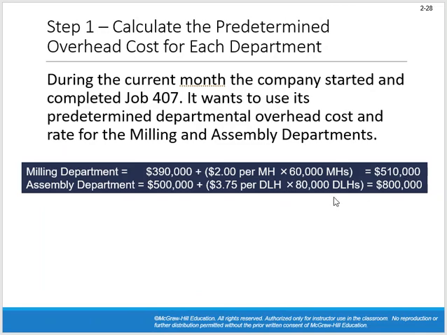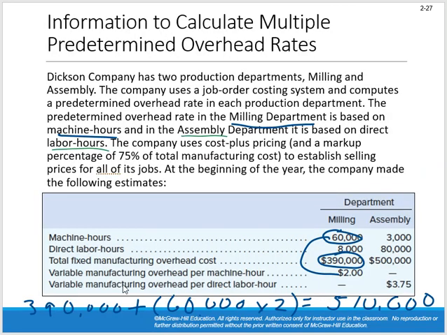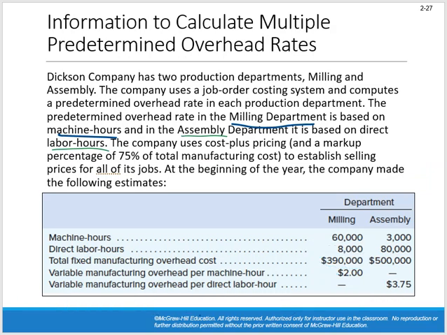Okay, so then let me walk you back. I'll show you how to do assembly. Sit tight. So for assembly, we're going to take the 500,000 of fixed. So that's our fixed MOH for the assembly department, plus this one's based on, remember, labor hours.